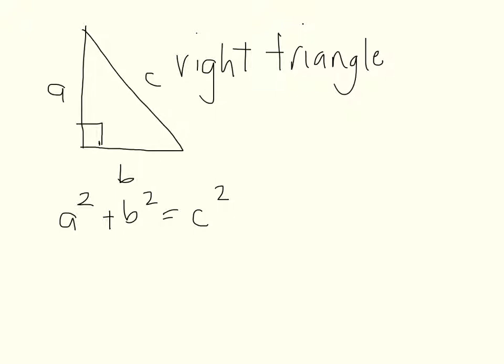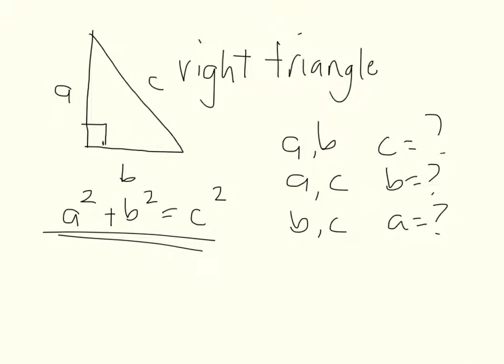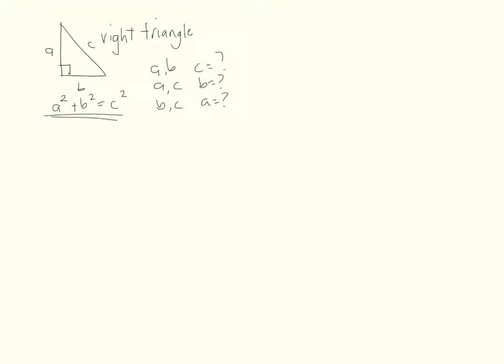As long as you know the measure of two sides, it can be A and B are known and you want to find C, or A and C are known and you want to find B, or B and C are known and you want to find A. So this formula is very useful. Let's put this on the side. I'll give you an example.